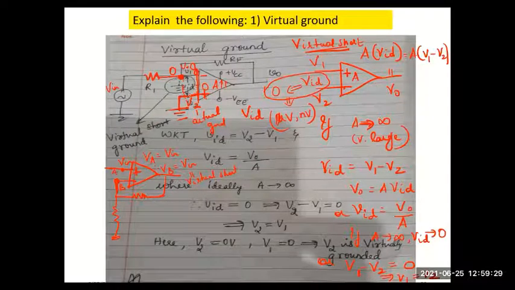In this case, the non-inverting terminal is directly connected to ground, whereas the inverting terminal is connected to Vin through some resistance. So you don't exactly know what the voltage is at this inverting terminal, right? We don't know exactly what the voltage is here because this inverting terminal is connected to R1 and RF.